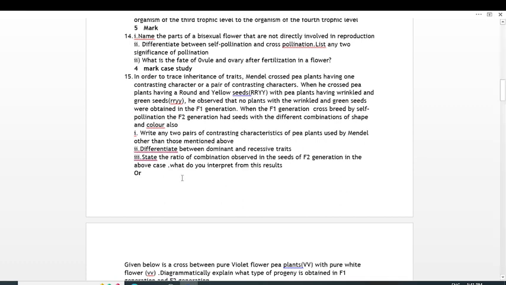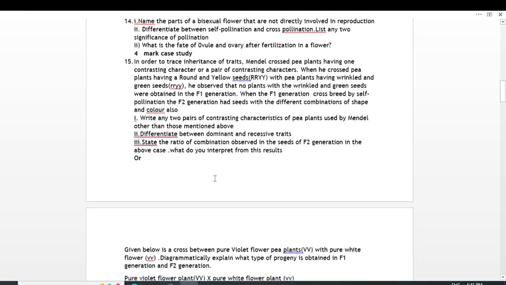So you can write that. Next one is differentiate between dominant and recessive traits. You know what is the dominant trait? Yes, the trait which is expressed in the F1 generation is called dominant, and recessive is the trait which is hidden by the dominant trait and not visible in the F1 generation.